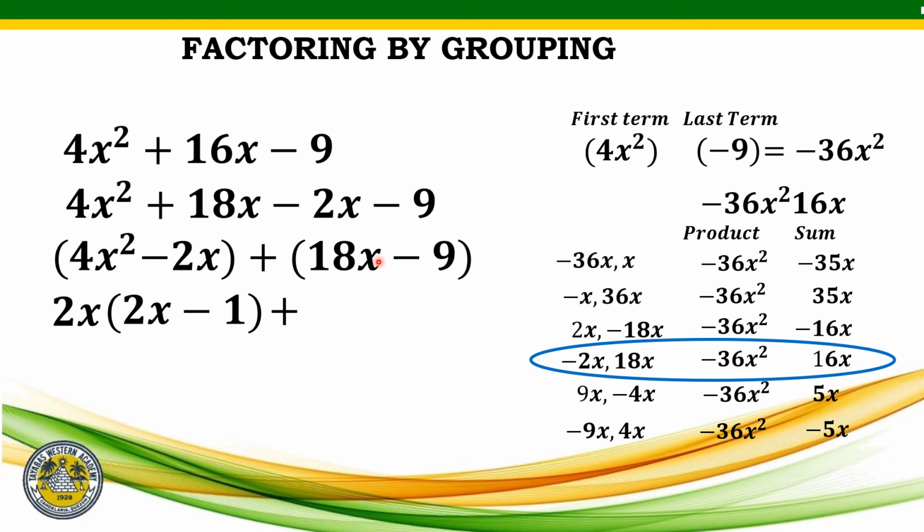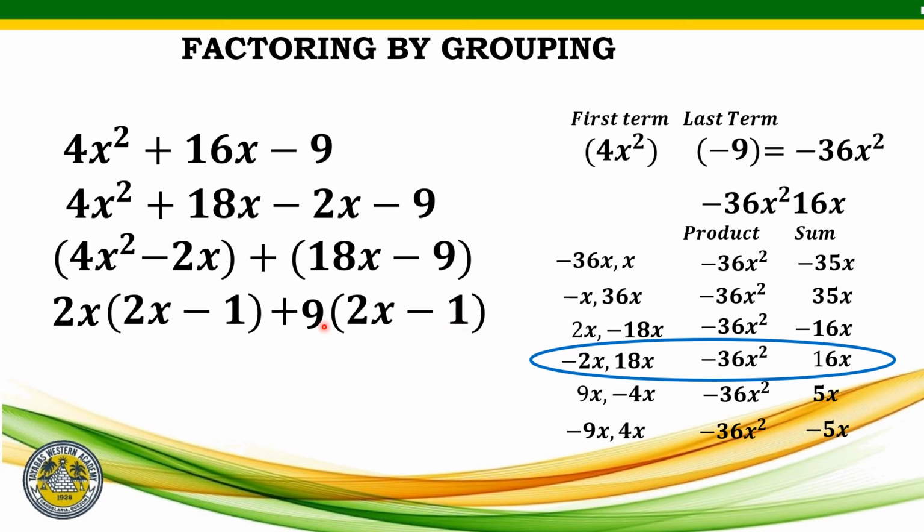Then, anong common sa 18x and negative 9? So, it is 9. So, we have 9. 18 divided by 9 is 2. Then, bring down x. 9 divided by 9 is 1. So, kaya yung ating terms sa loob ng parenthesis na palitan na. Naging positive 2x minus 1.